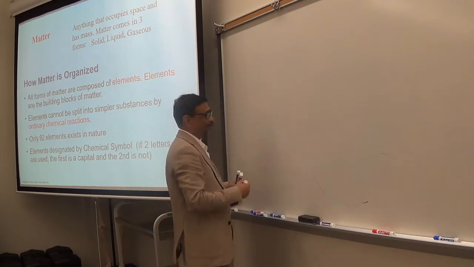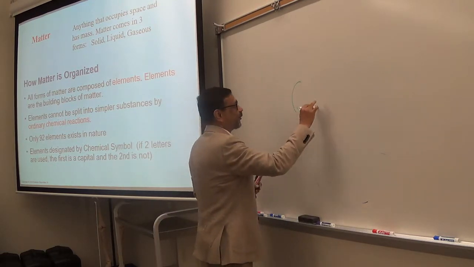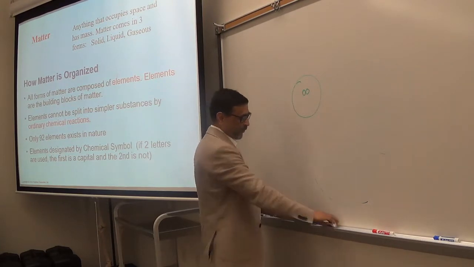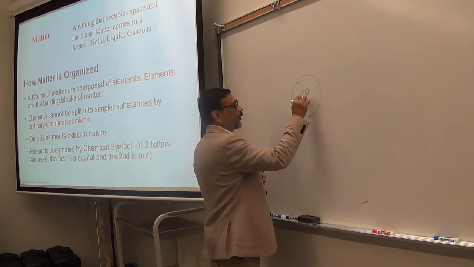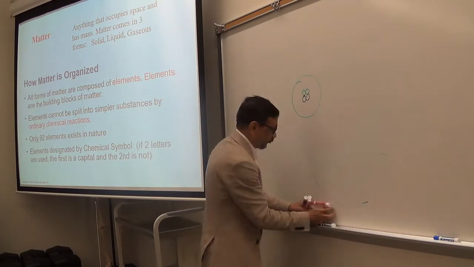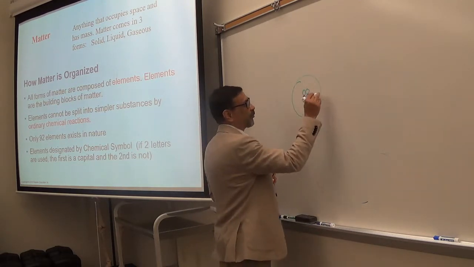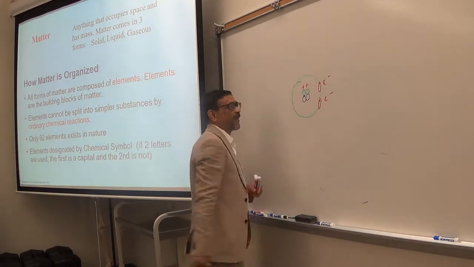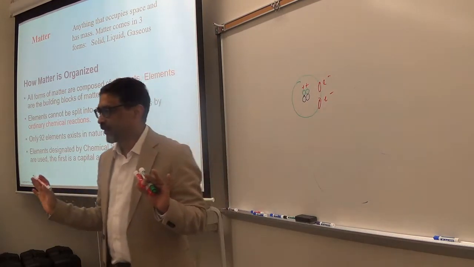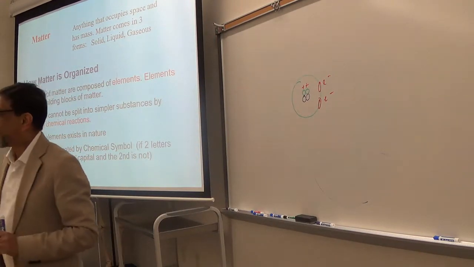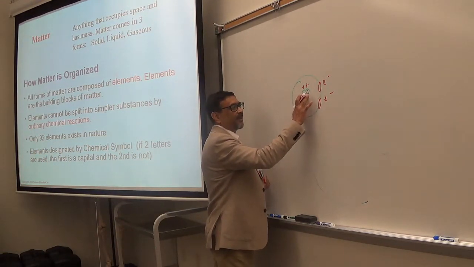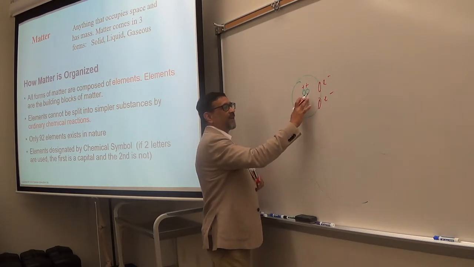Now, again, let's draw the atom. This one has 2 protons, 2 neutrons, 2 electrons. So this is a neutral atom, right? Sometimes what can happen is the number of neutrons can decrease, go down, change.